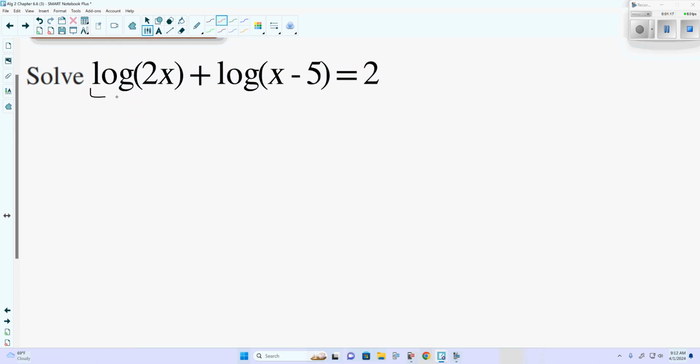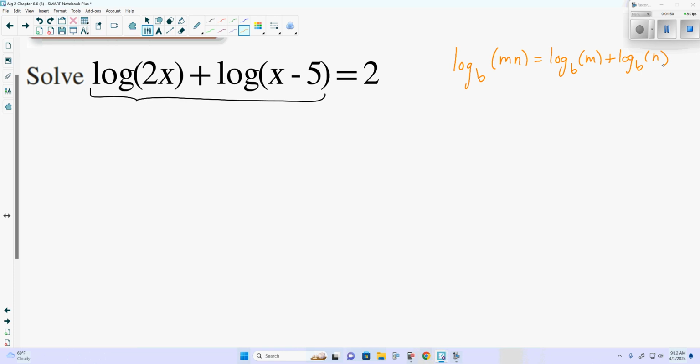So our main goal is to rewrite it so that both of these logs are a single log. Even if we had them on other sides, we need to get them onto the same side of the equation as a single log. We have a way to do this, because log base b of m times n is equal to log base b of m plus log base b of n.